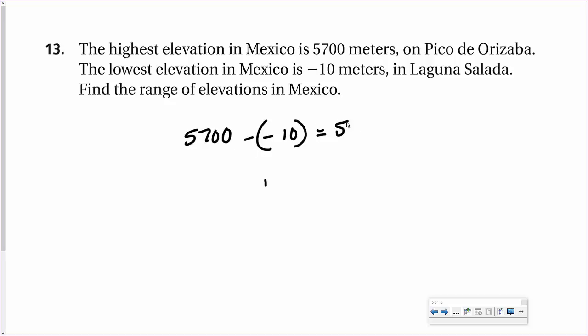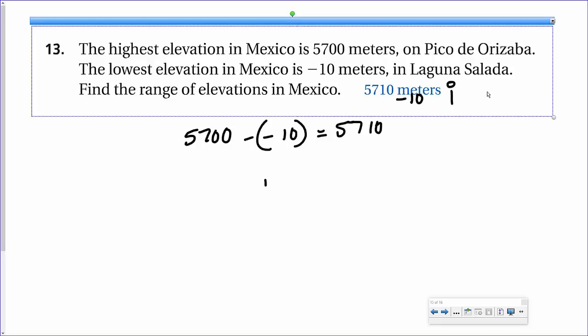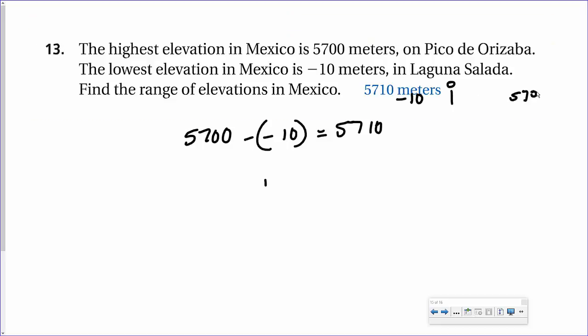So I have 5,710. Or I can do it the way I was doing it before, where I take -10, put a 0 here, and then 5,700. And this is 10. And then this is 5,700. So altogether it'll be 5,710, which is the answer. So two different ways to write it.